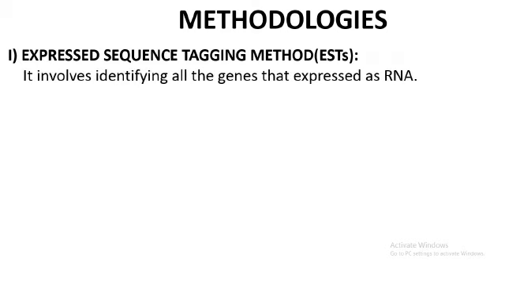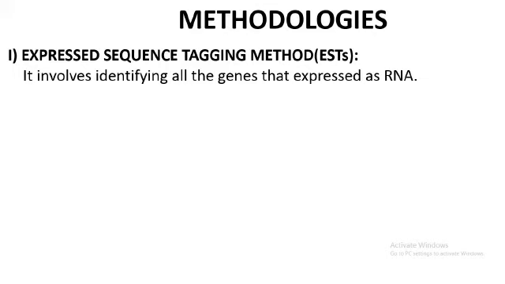It involves identifying all the genes that are expressed as RNA. My dear students, remember that DNA is a part of a gene. When a gene carries out its function, it does so by synthesizing proteins.